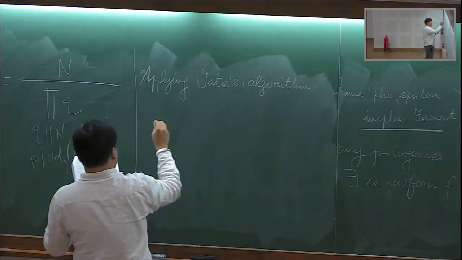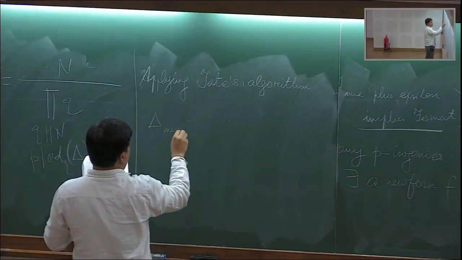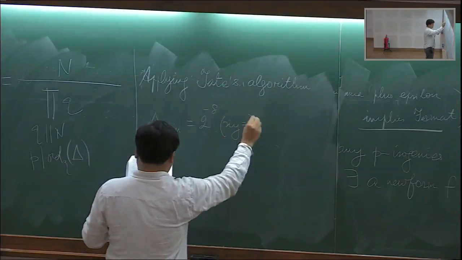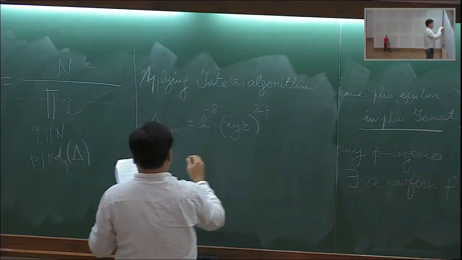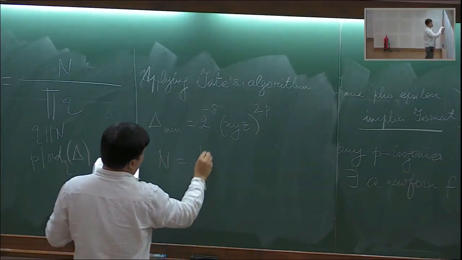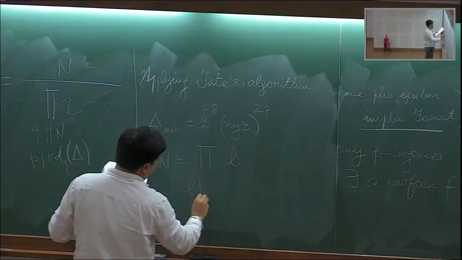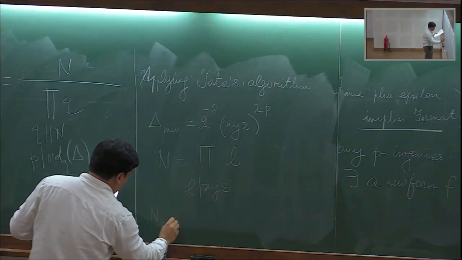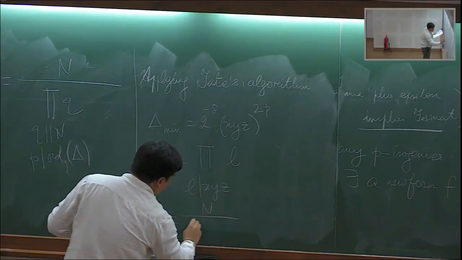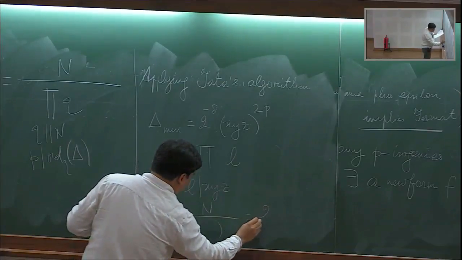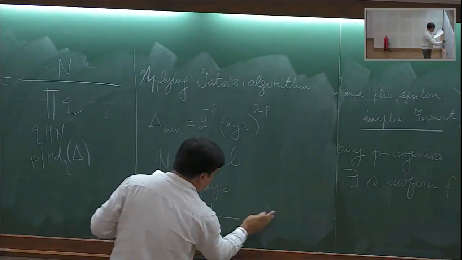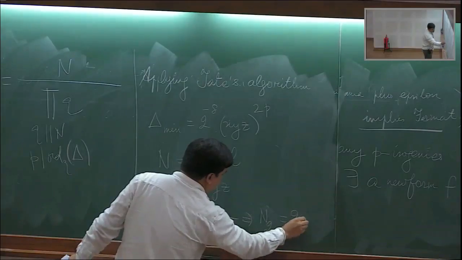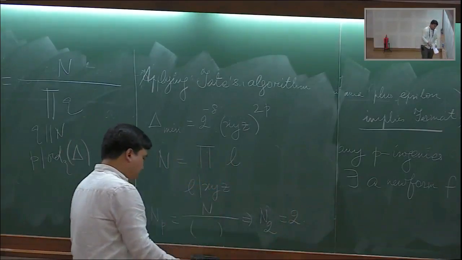So we get delta min is 2 to the minus 8 or 2p, and N to be the product of all the primes l that divide x, y, and z. Right? And N_p is equal to N divided by something here, and you finally get this to be, right? And particularly, N_2 is 2. Okay, so you just compute this.